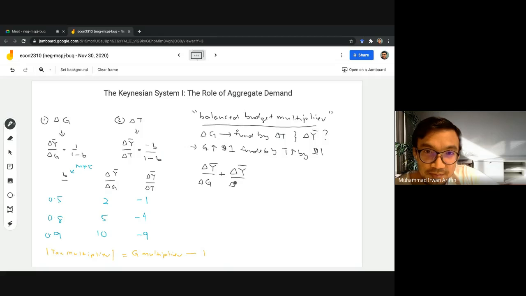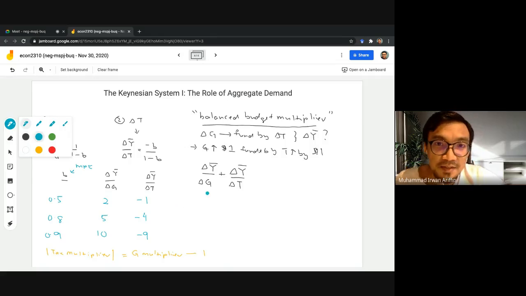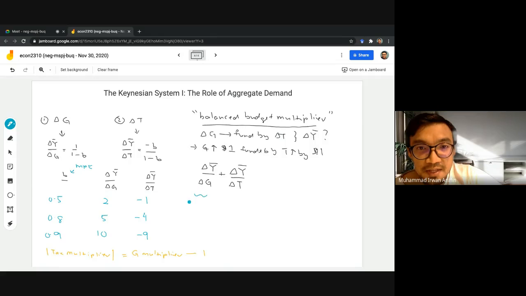We take the G multiplier plus the tax multiplier.